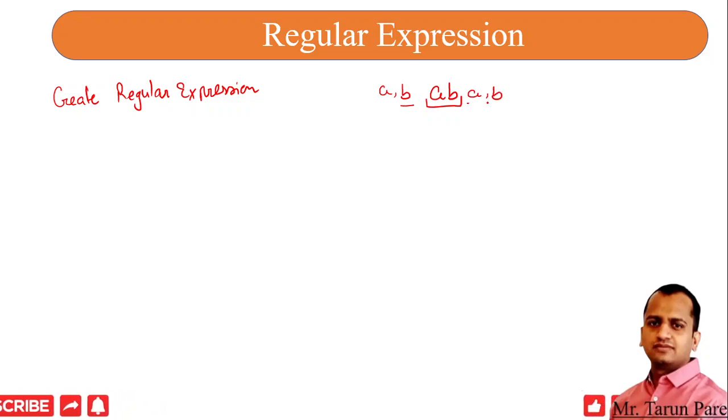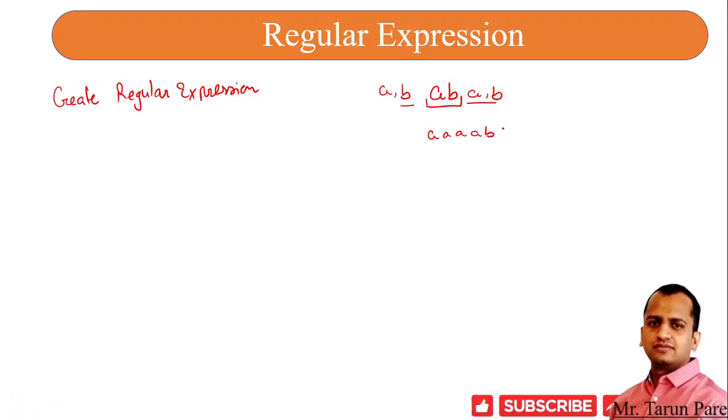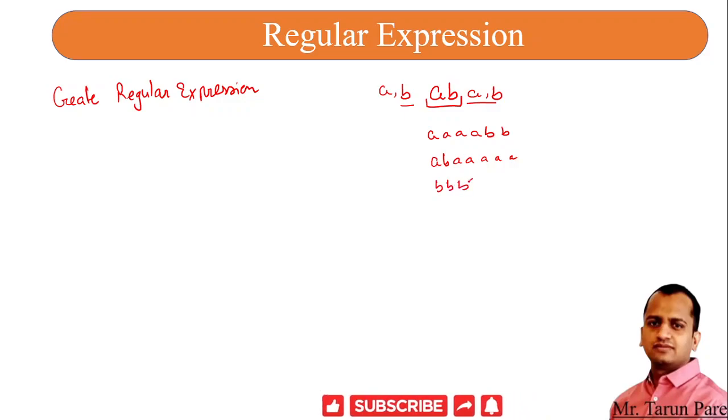I think you got the point. Means you can develop a sequence like a, ab a, or b ab, like this.